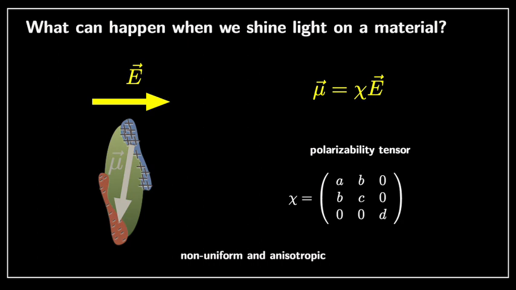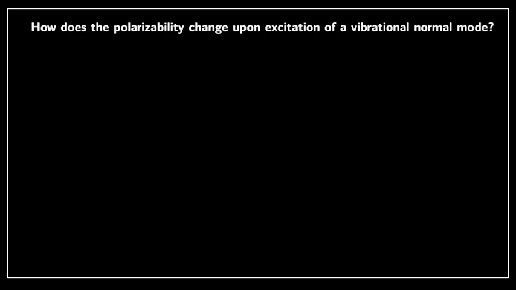Okay, now, Raman spectroscopy in particular interrogates the vibrational properties of the material. So the question that we can ask is, how does the polarizability change when we excite a vibrational normal mode? So let's take a second here to understand the question.